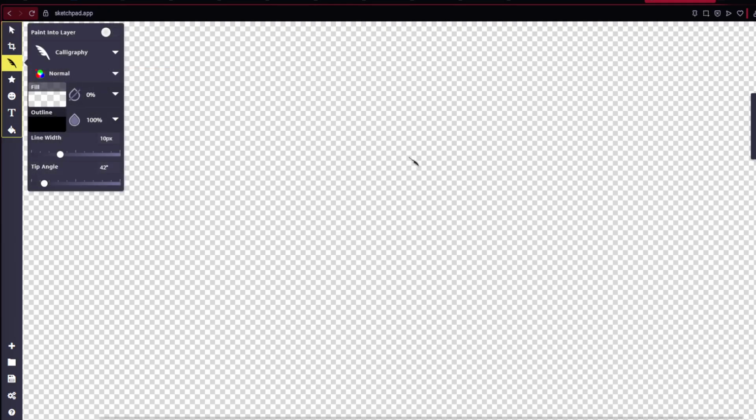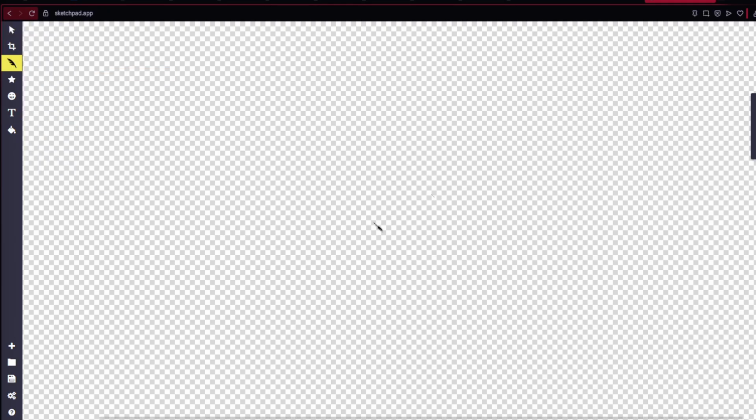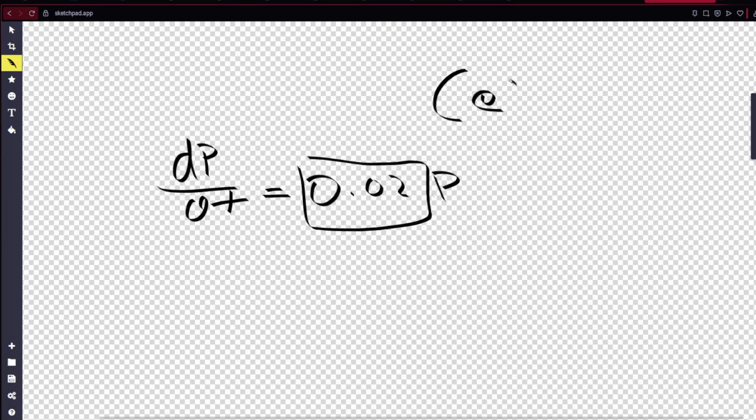So let's give an example, and let's say that 0.02 is equal to the relative growth rate of p. Remember that k, which is in the form Ce to the kt, is equal to this number out front. So that means that we can automatically put 0.02t.